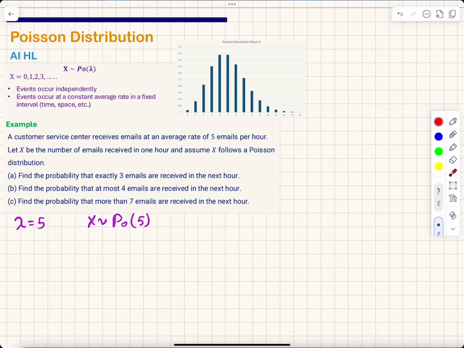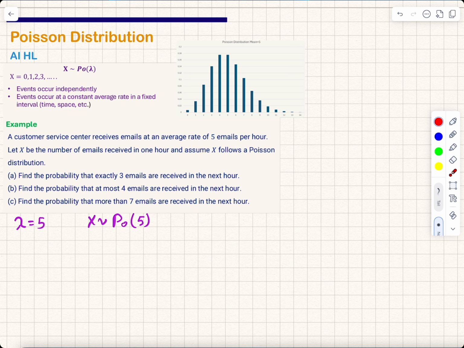Now, something very important here. In any Poisson distribution, the random variable x takes values from 0, 1, 2, all up to infinity. So here, true that we say 5 emails per hour, but this is on average. We have a probability to receive 0 emails per hour in some hours, or 1 email, or 2, or 3, or it could be 5, 10, even more.